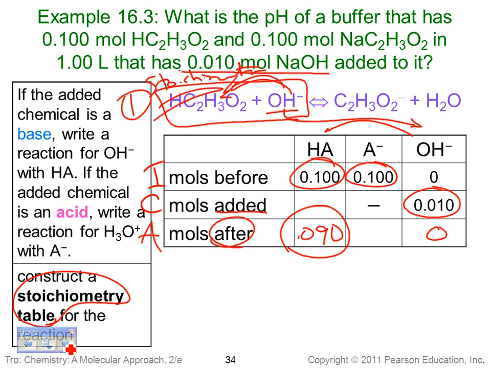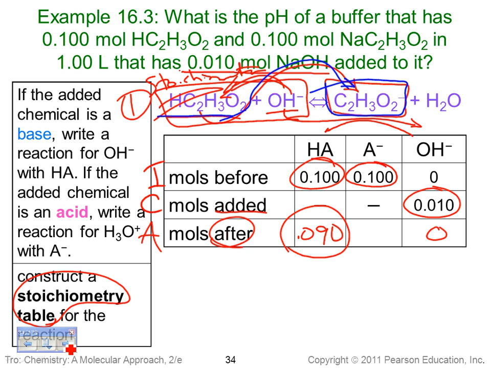What that's going to do is when it reacts with this weak acid, it's going to change that same amount into conjugate base. And so those 0.01 moles of hydroxide that react with and consume 0.01 moles of weak acid are also going to produce 0.01 moles of the conjugate base.